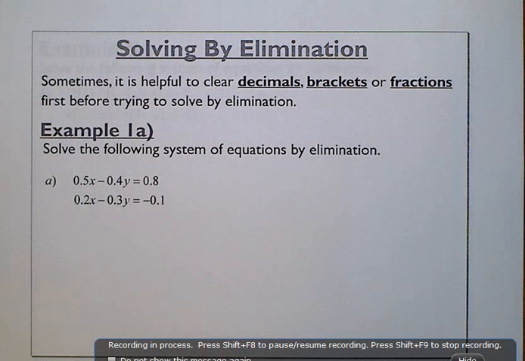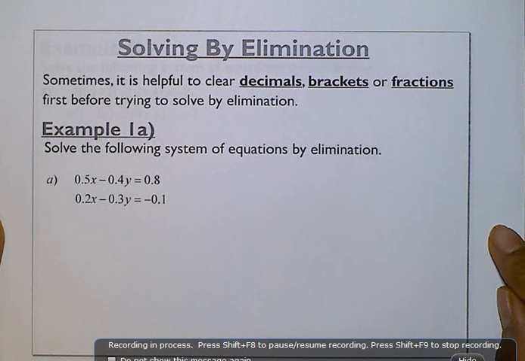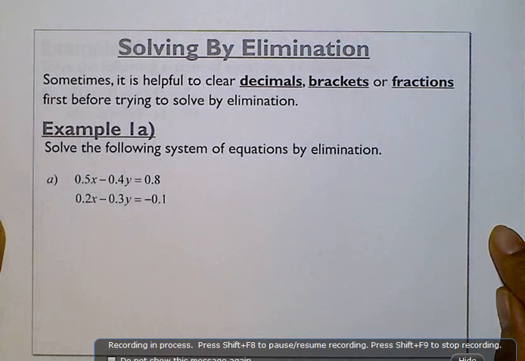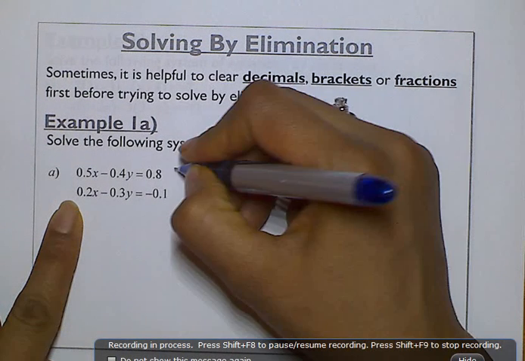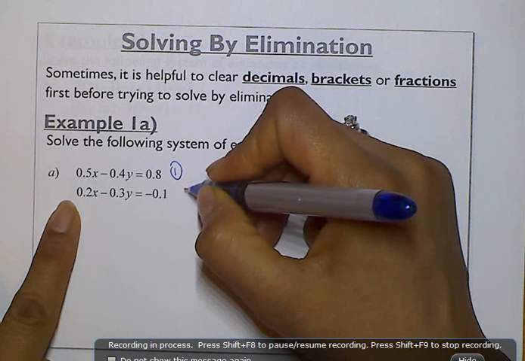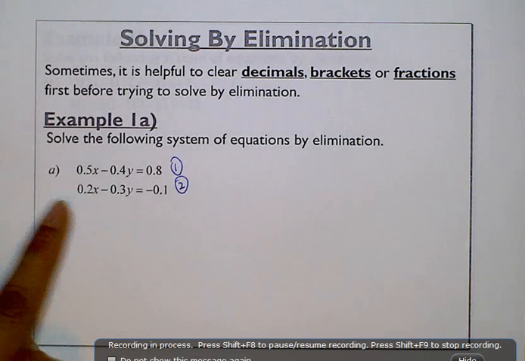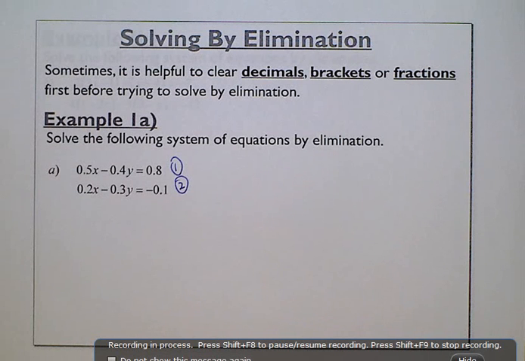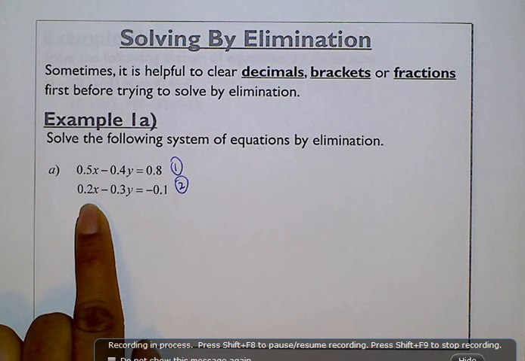So my first equation here is 0.5x minus 0.4y equals 0.8. And my second equation is 0.2x minus 0.3y equals minus 0.1. If you notice here, you have decimals, and you want to get rid of those decimals. There's only one digit after the decimal place, so you're going to multiply by a factor of 10 to get rid of the decimal.